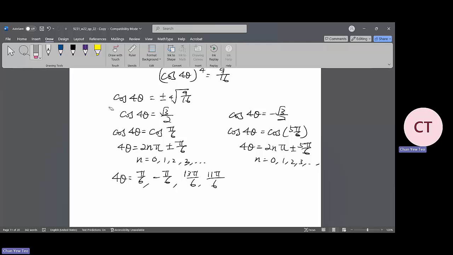So these two are the same, which means we do not need to use this one; we use this will do. So you have to check carefully. So it will be 11 pi over 6 and 13 pi over 6.